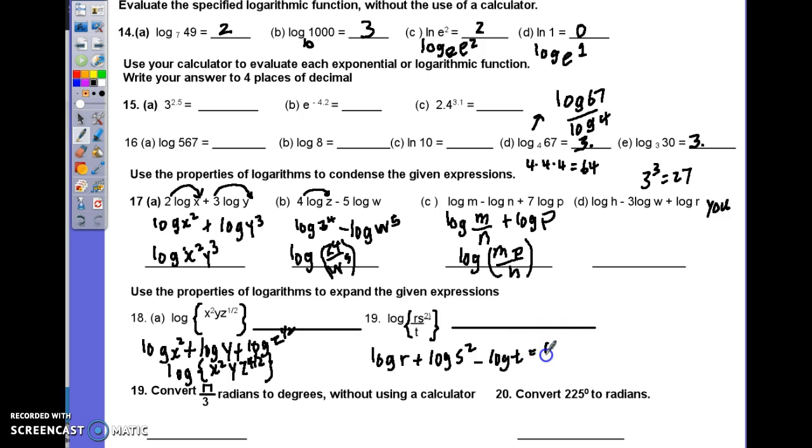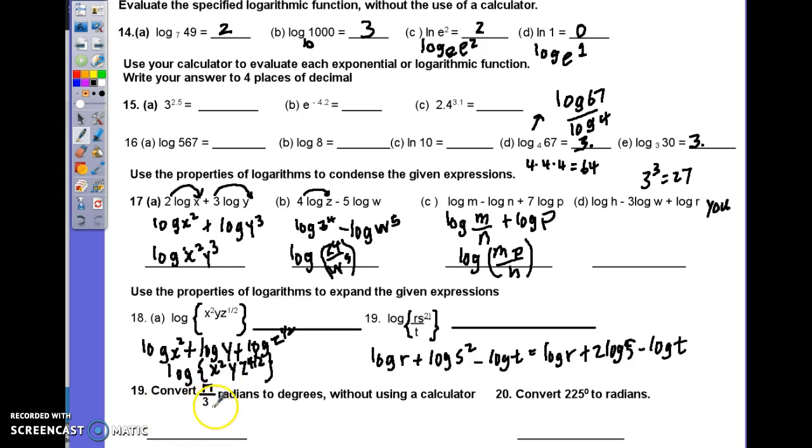So this becomes a really expanded log of r plus, I'm going to use the power property and bring the 2 forward, 2 log s, and then minus log t. Alright?